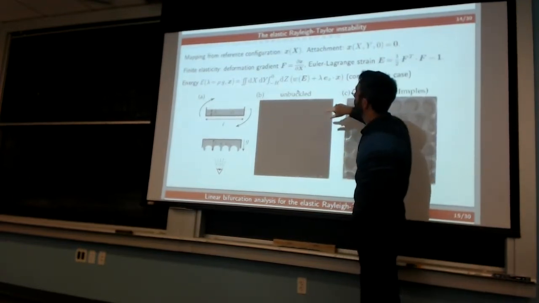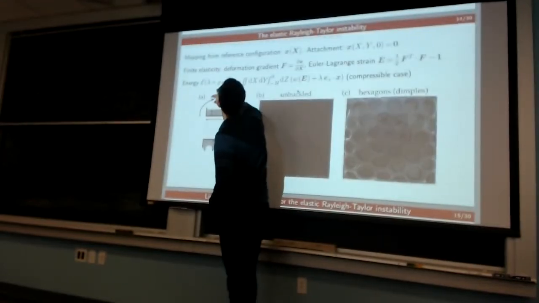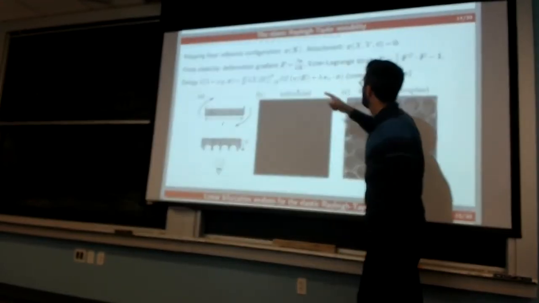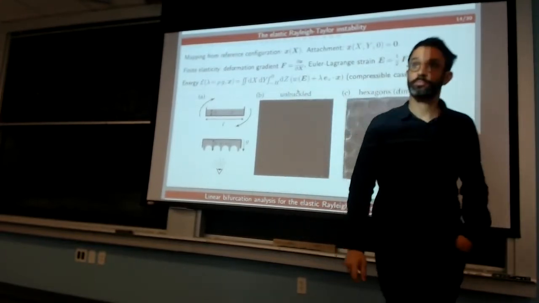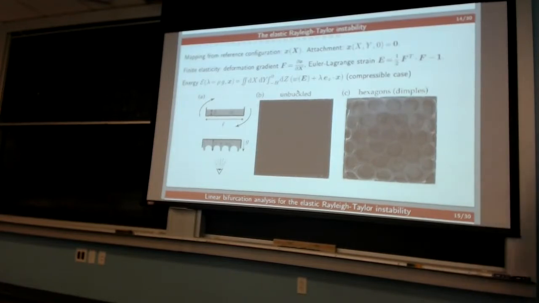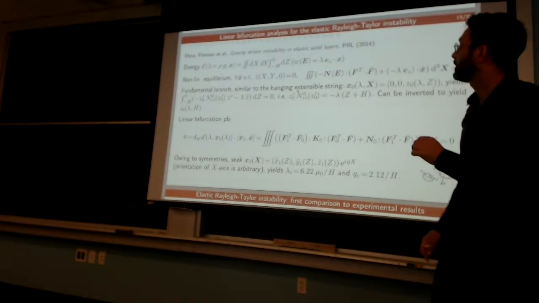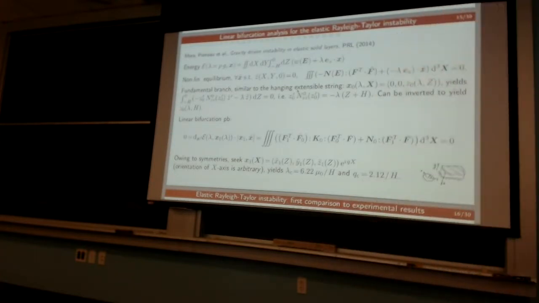So what I call lambda here is rho g, right? So the volume density times the acceleration of gravity, and that's my model. Okay, so let's try to apply the recipe for linear bifurcation for that and see what we can try to predict for patterns.